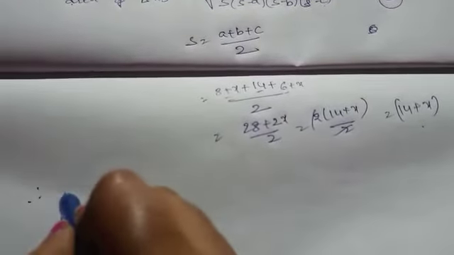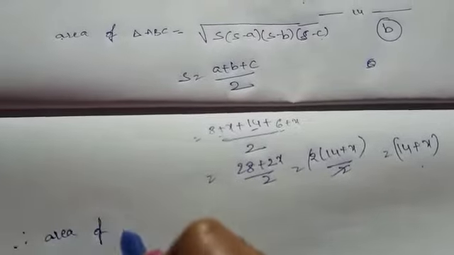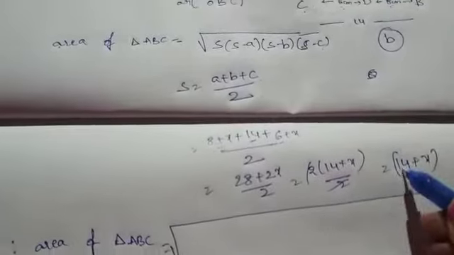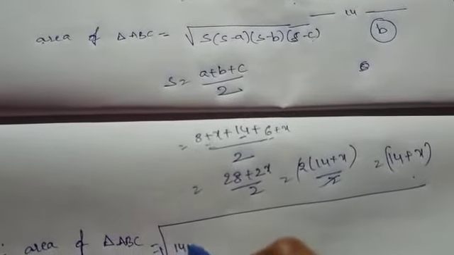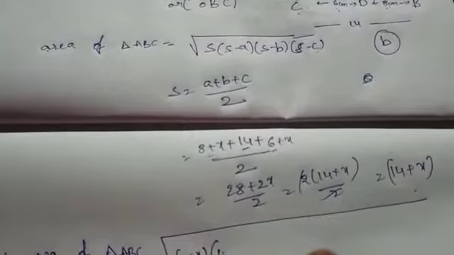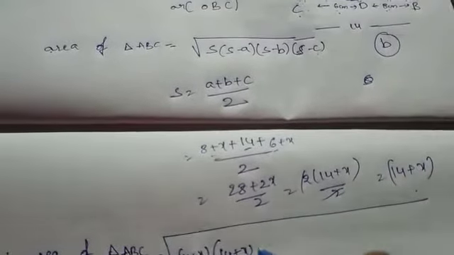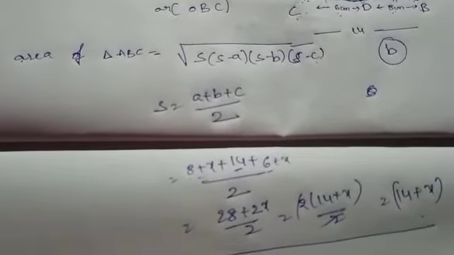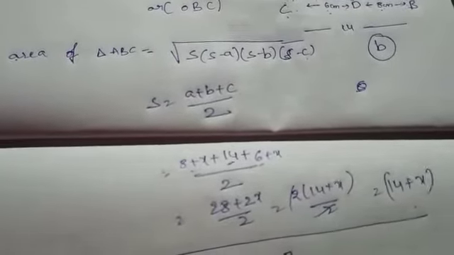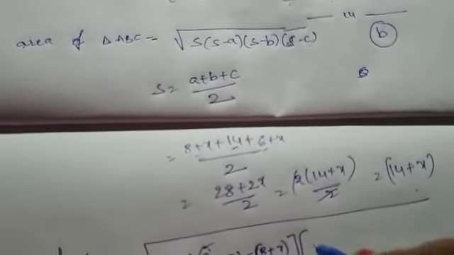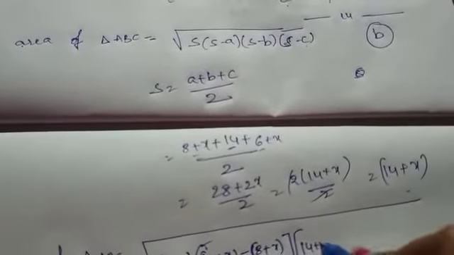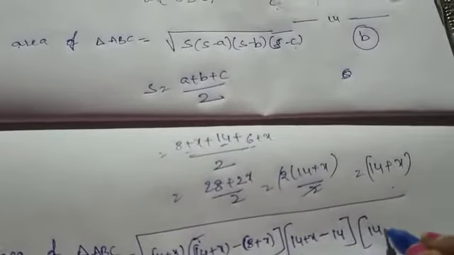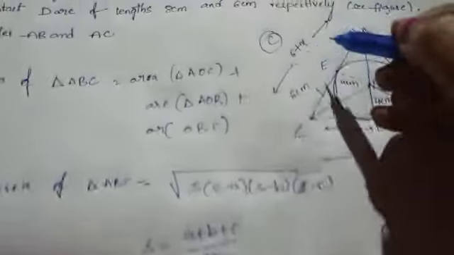Therefore area of triangle ABC equal to root over S value 14 plus x into (14 plus x minus a), a value is 8 plus x, into (14 plus x minus b), b is 14, into (14 plus x minus c), c value is 6 plus x.